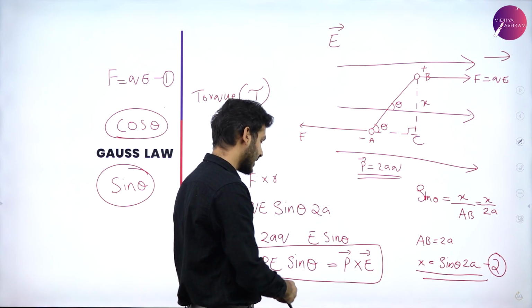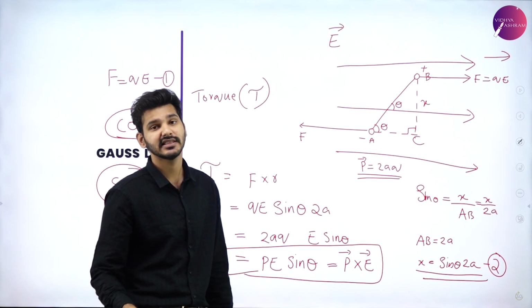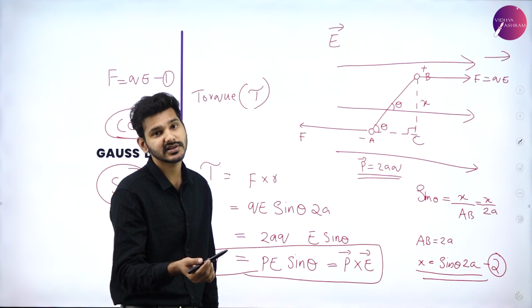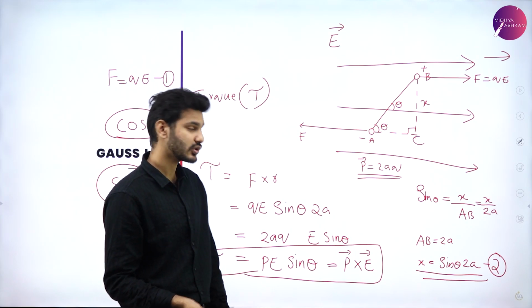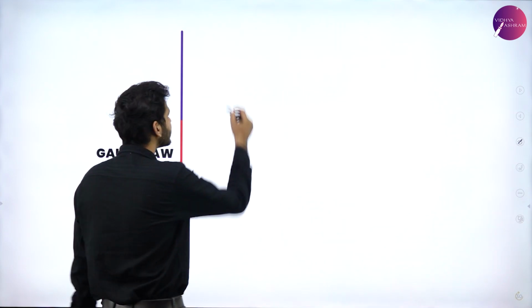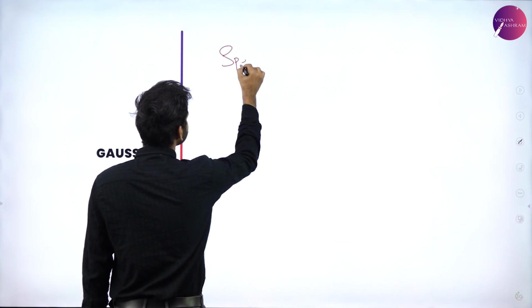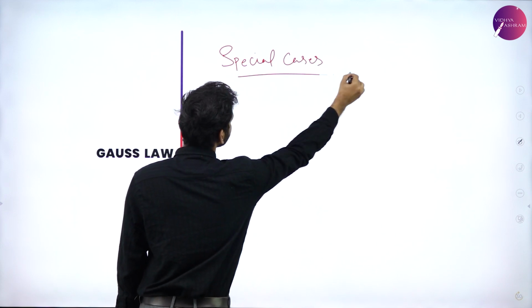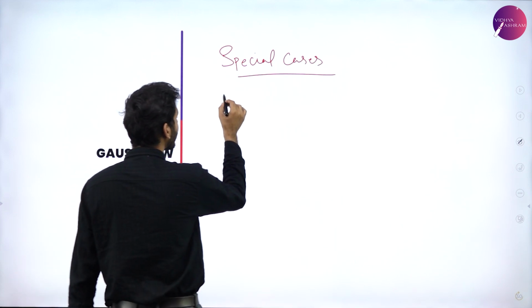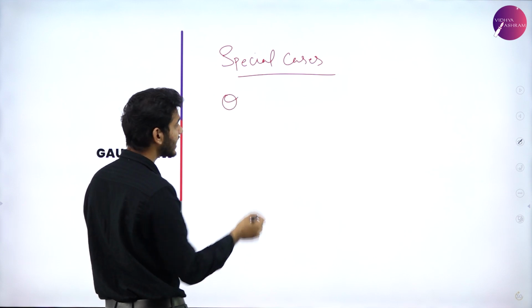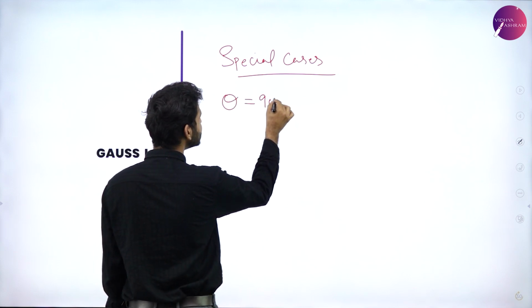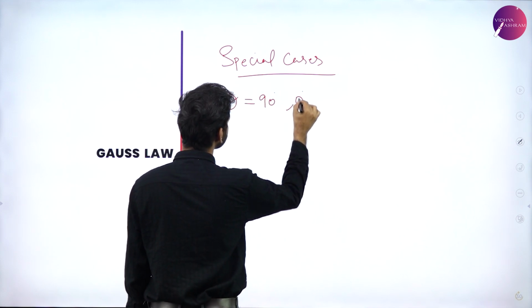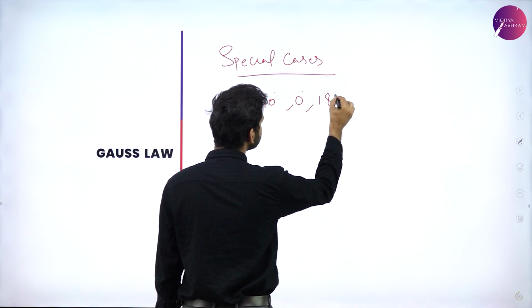Because depending on the angle, sine theta changes and the nature of the dipole interacting with the electric field also changes. So let us look at some special cases, when theta is equal to 90 degrees, 0 degrees and 180 degrees.